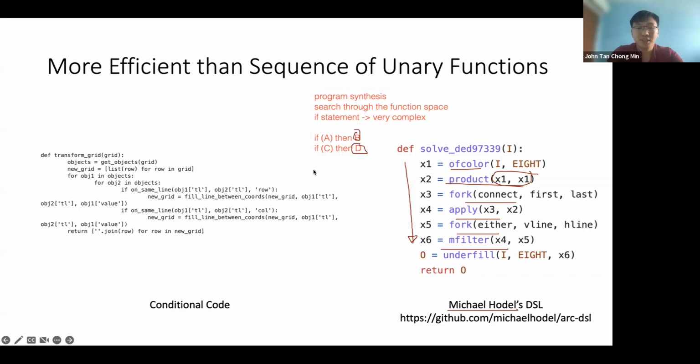But if you do the if statement here, you still need to search this over here, which actually increases the complexity of the functional search. Actually, this part I need to ask Douglas, like if we were to do an if statement in maybe Prolog, will it be easy to do?